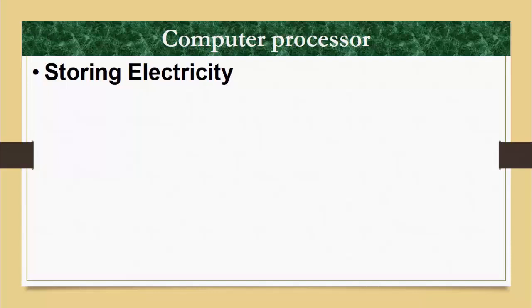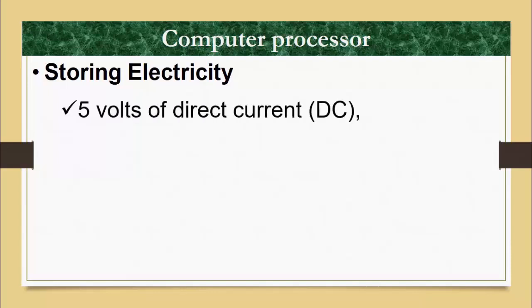Most of the earliest microprocessors used 5 volts of direct current or DC, and the newer processors now use as little as 2.2 volts DC. A transistor stores data by switching between high and low voltage, which represents the binary 1 and 0 respectively.